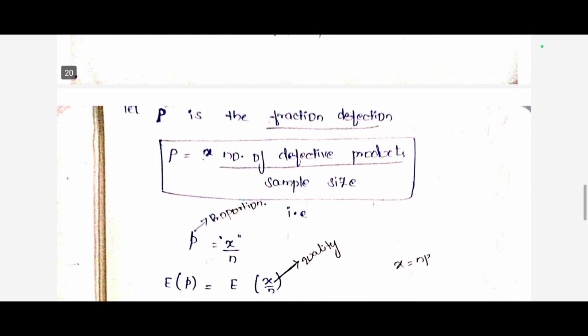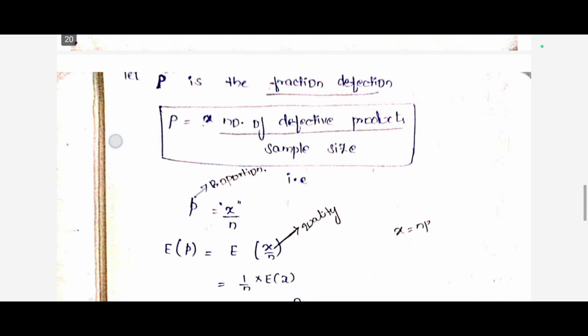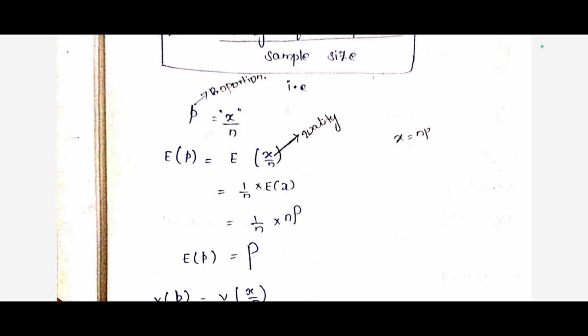Now, just to see the proportion or the fraction defective, the number of defective products divided by the total sample size. So p is equal to x divided by n. Expected value of p is equal to expected value of x divided by n.